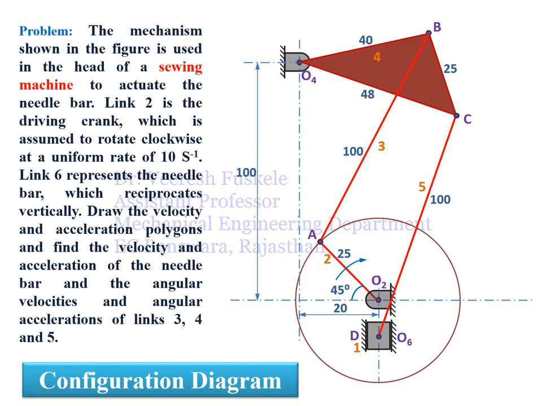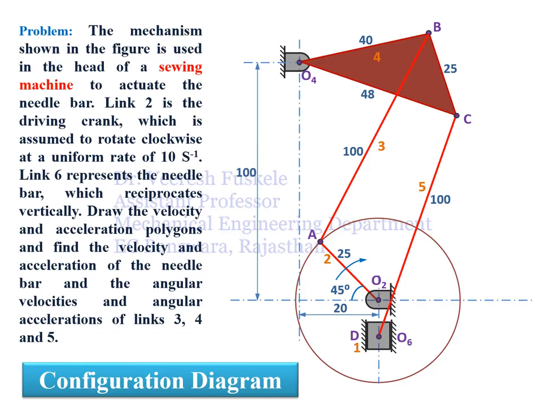In today's lecture, we will only be looking at the velocity diagram. In the second part of this, we will be looking at the acceleration diagram. So to draw the velocity diagram, we are given the angular velocity of the link O2A.